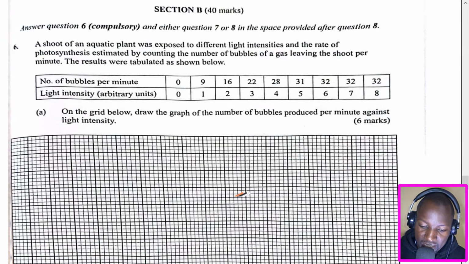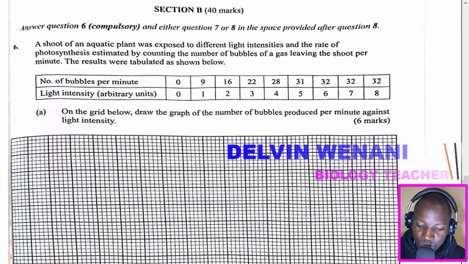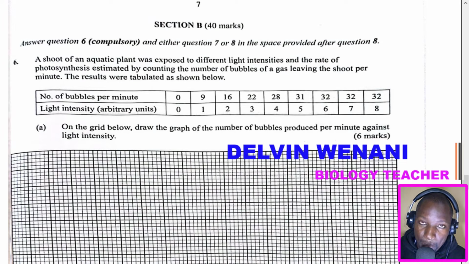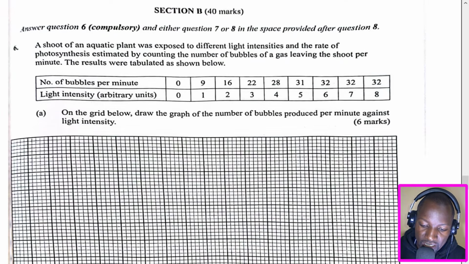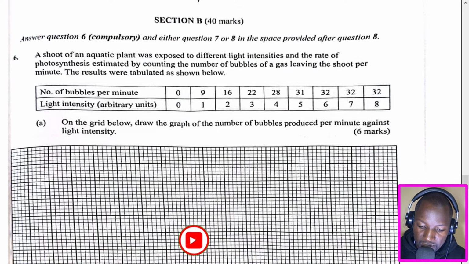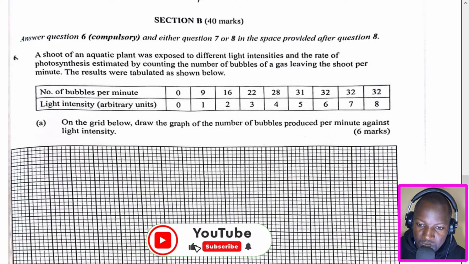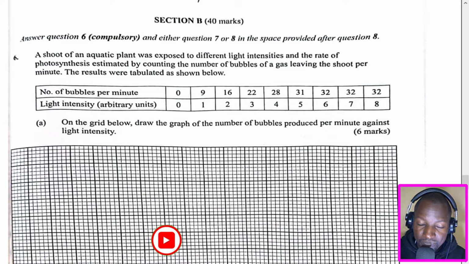My name is Delvin Wenani, and today I want to take you through KCSE Biology Paper 2, the year 2022, Section B. Section B contains 40 marks. Out of the 40 marks, we have 20 marks for question number 6, and then question number 7 and 8 each also have 20 marks, but you pick either of the two.